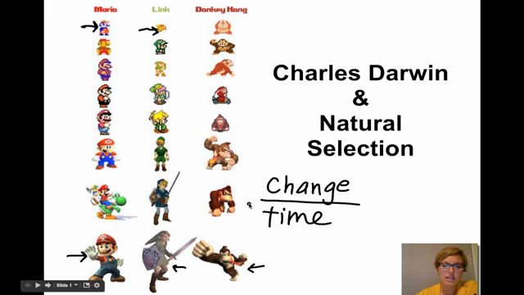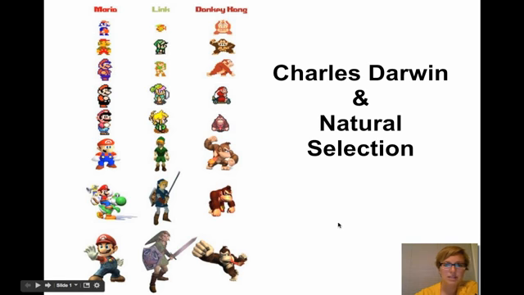But when we're looking at evolution, and specifically Darwin's evolution, we're going to throw this out the window. And we're going to use the term descent with modification.